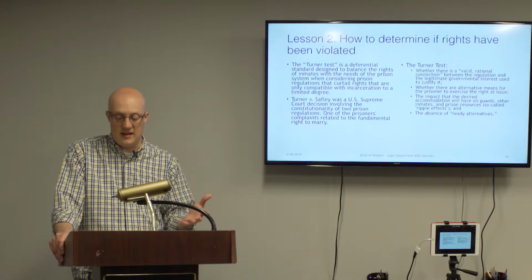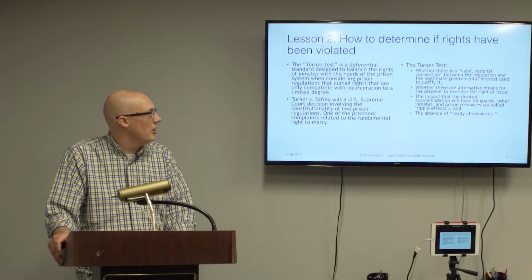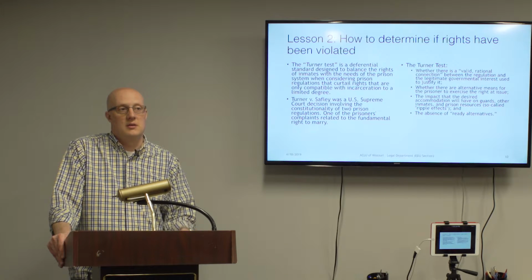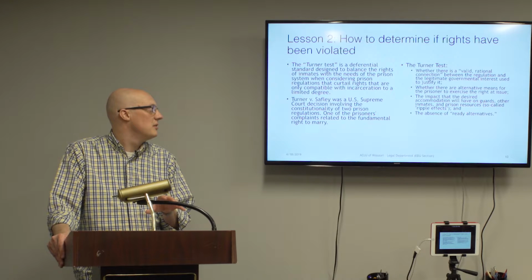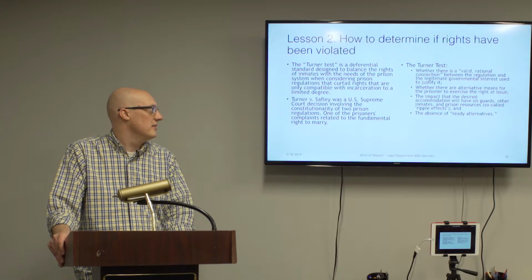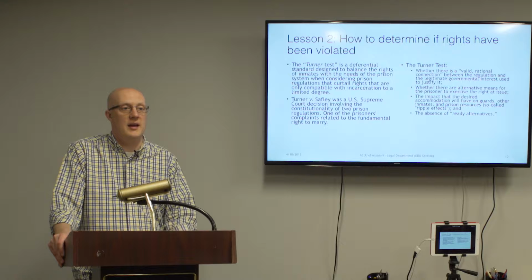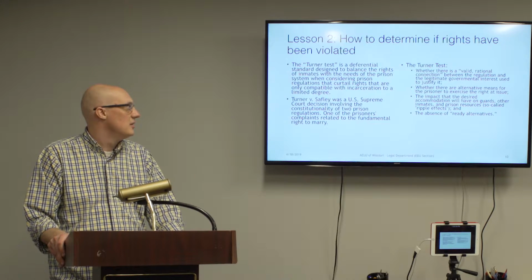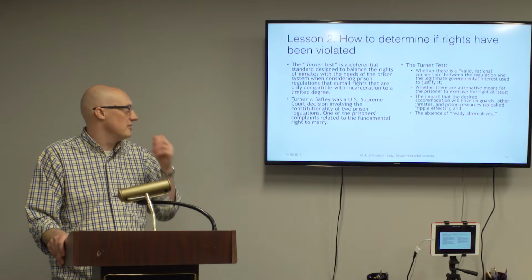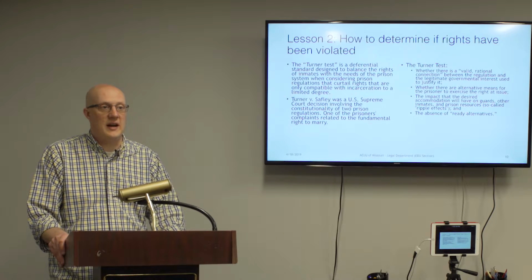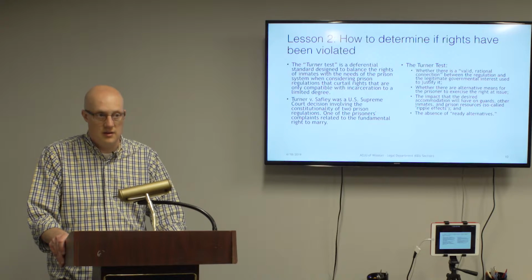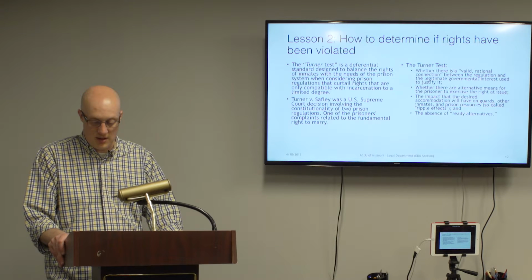This is a balancing test, so the ability for the prison to run itself in a way that is safe for the guards, other inmates, and to maintain prison resources is a factor here. The absence of ready alternatives is a factor that weighs generally in the inmate's best interest.